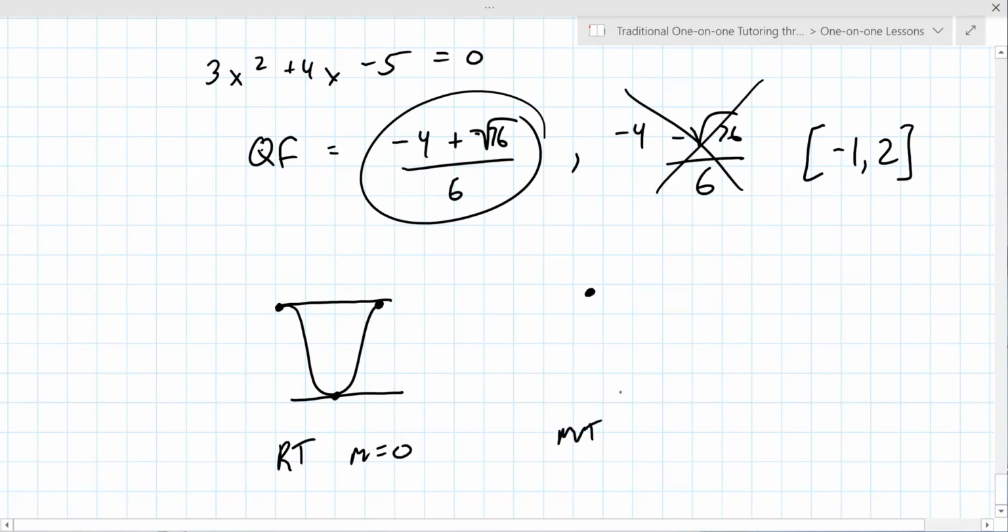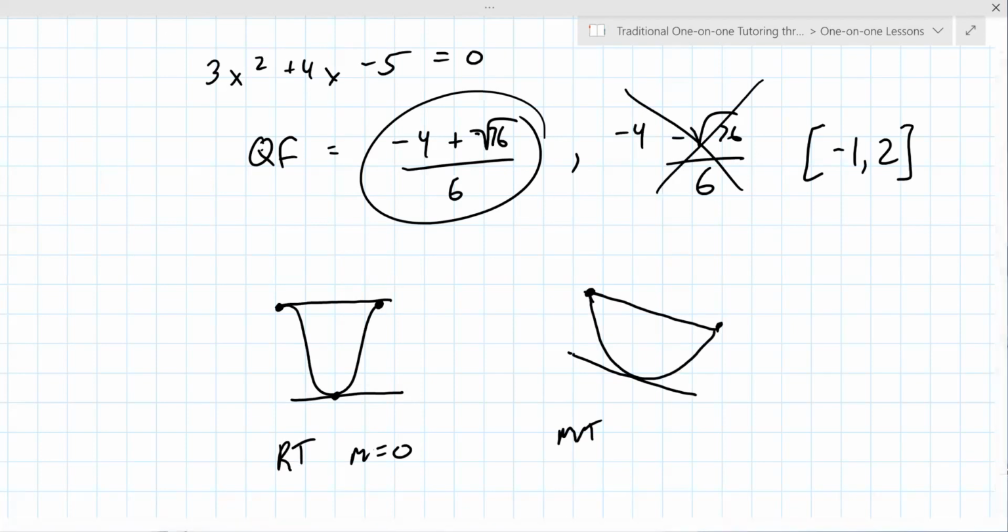Mean value theorem is a generic slope. So like this has a slope like this. And if the function does this, there's a place somewhere where it also has the same slope. Okay. Right, that looks familiar. I guess it's fair to ask you to use Rolle's theorem or the mean value theorem, so you've got to know what it is.